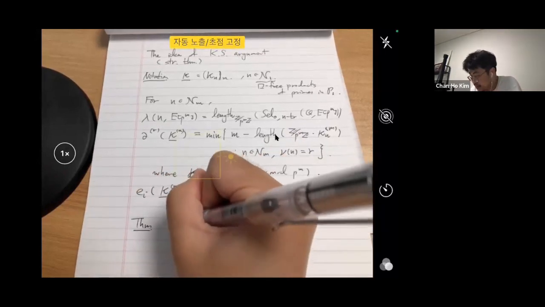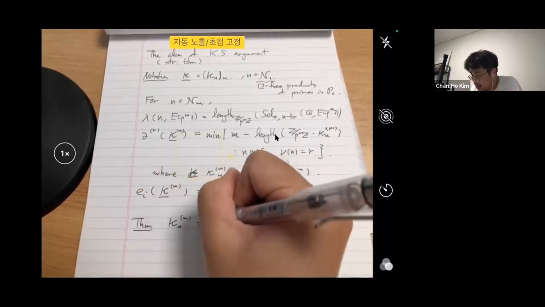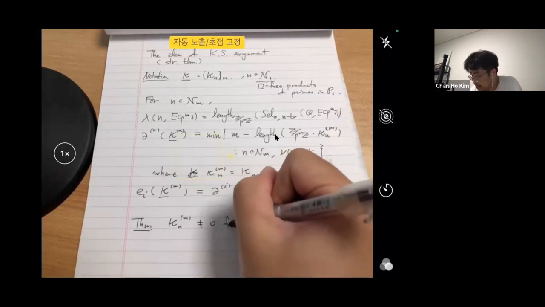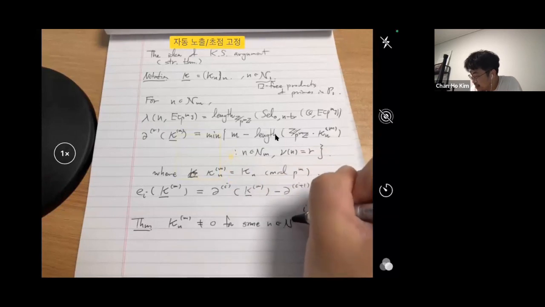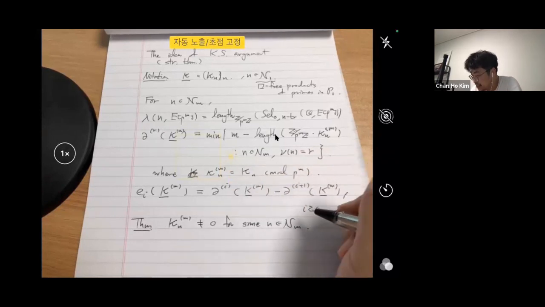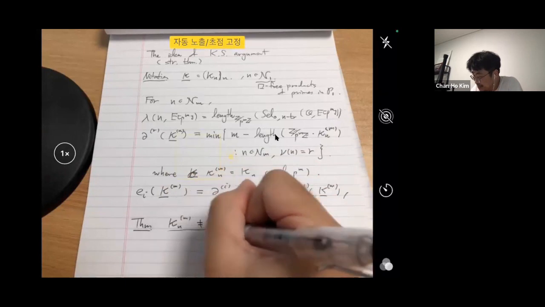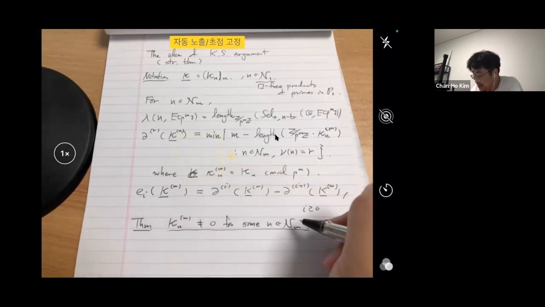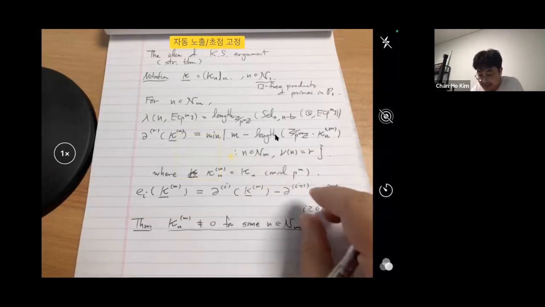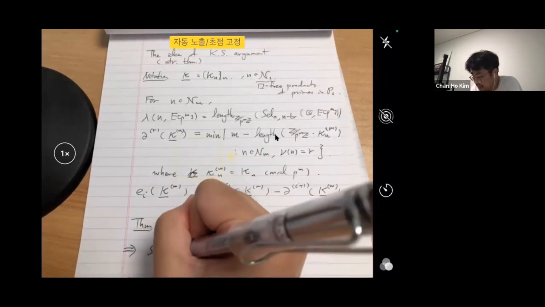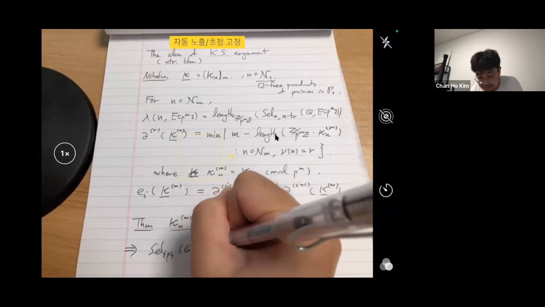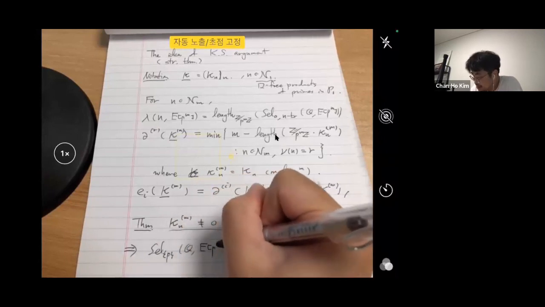So kappa n m is non-zero for some n, and this is the assumption. So this is a version of Kolyvagin's conjecture for Kato's Kolyvagin system. But after having this, we have the following structure theorem for the p-strict Selmer group.